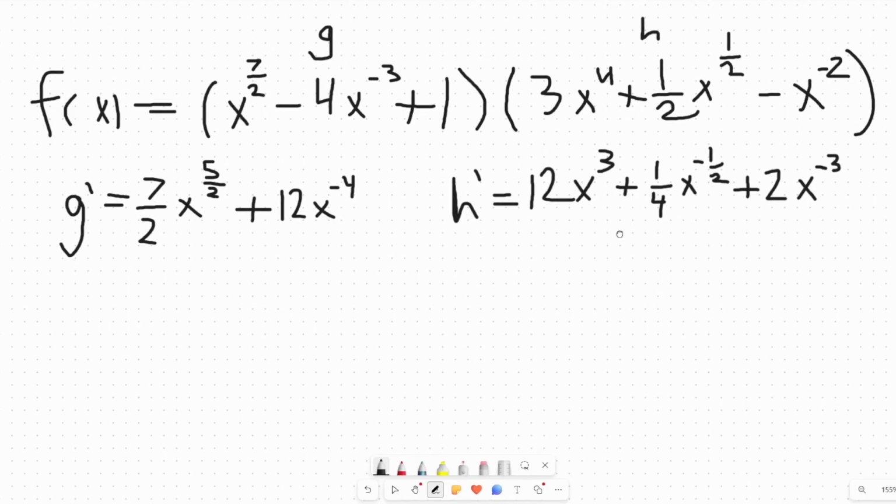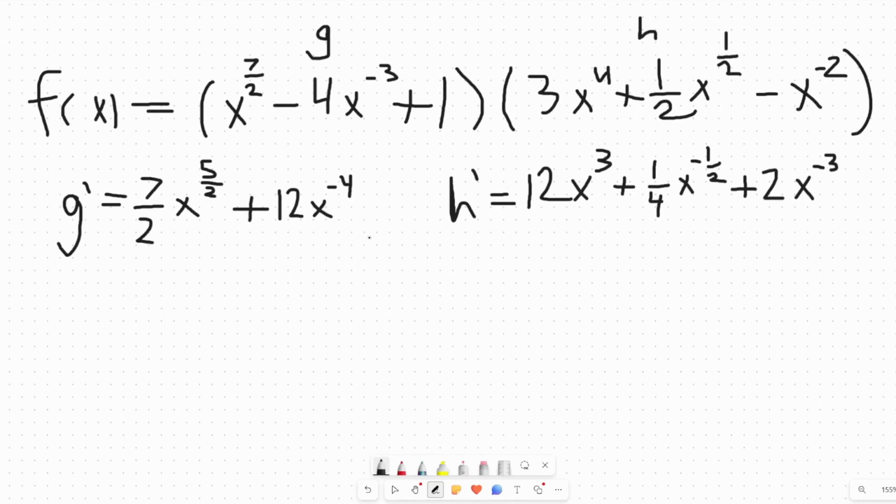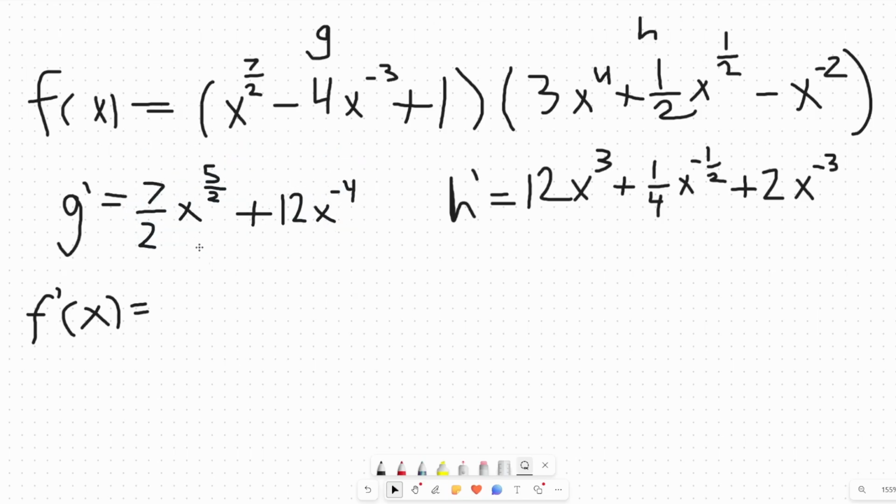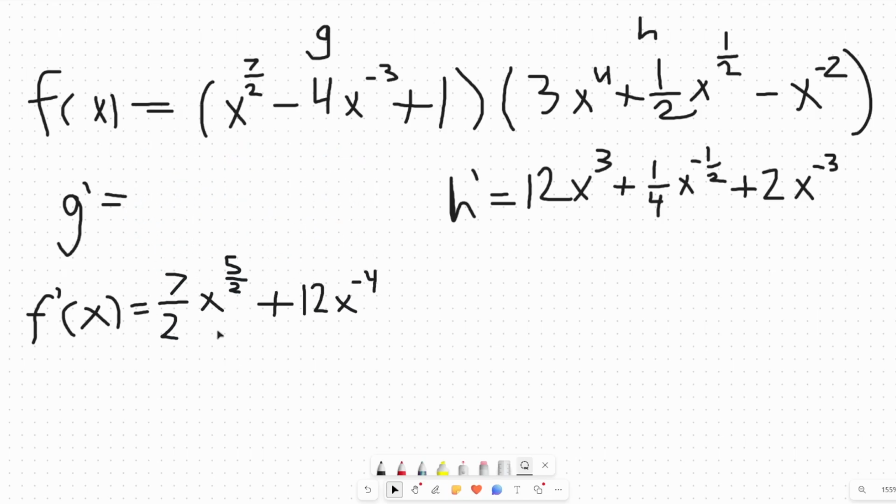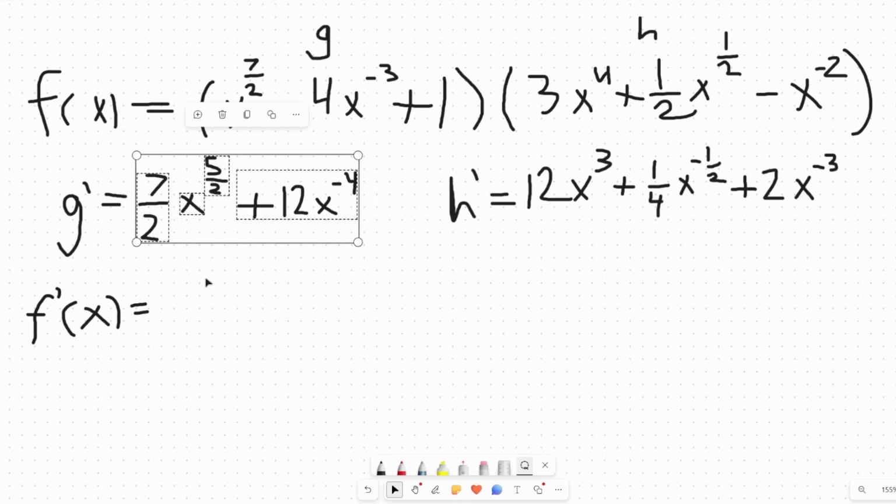All right, so now we have all of our terms, and we just have to plug it in to the equation of the product rule. So f prime of x is equal to g prime. So here, can I select this and move it? I can move it. Interesting.